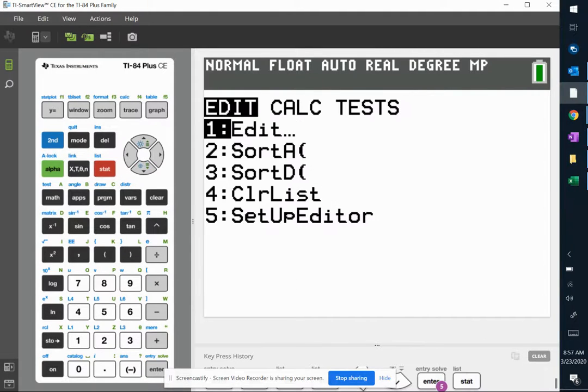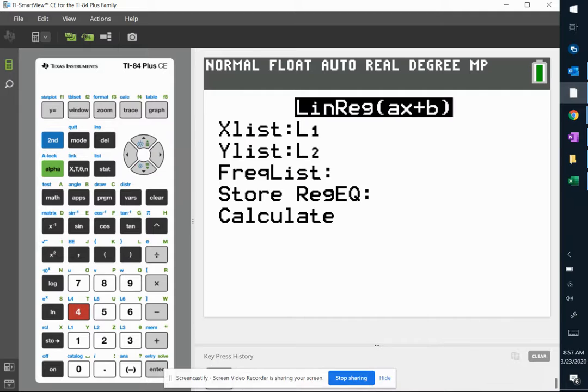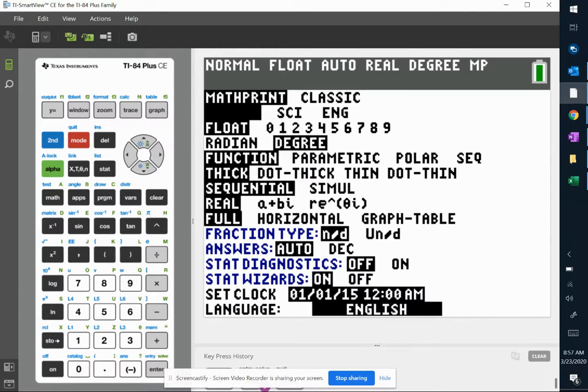So back to the calculator, we go to stat, calculate. Number 4, linear regression. Everything's good there. And I don't have diagnostics turned on, so I got to go to mode.